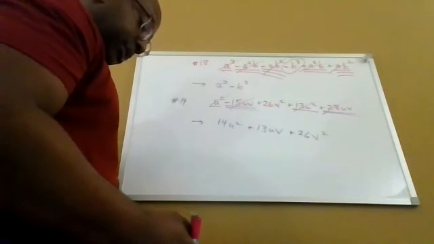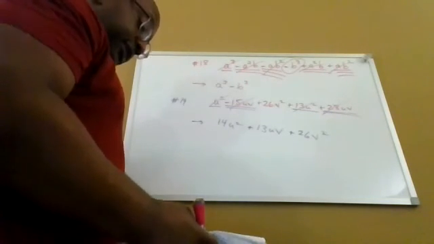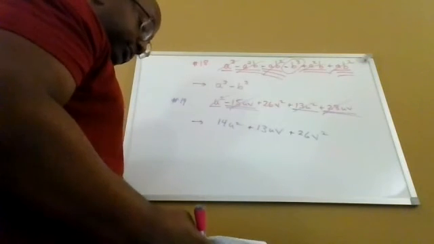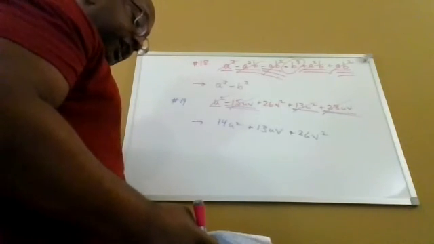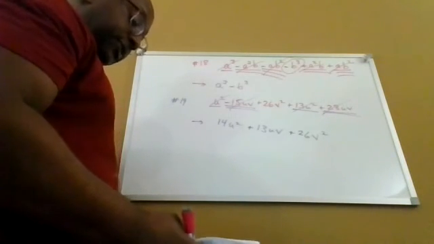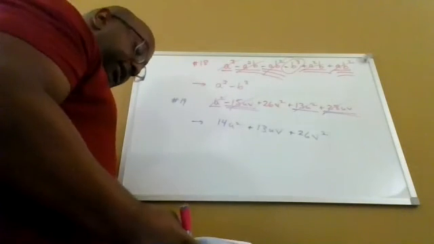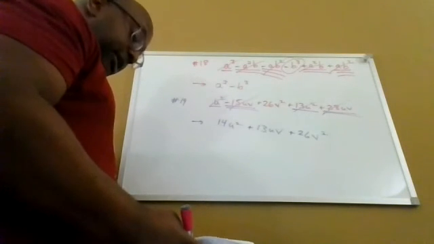And for the last problem, number 20, we're given a polynomial. We're given the value for x, and we substitute that value for x in the polynomial, and then simplify.